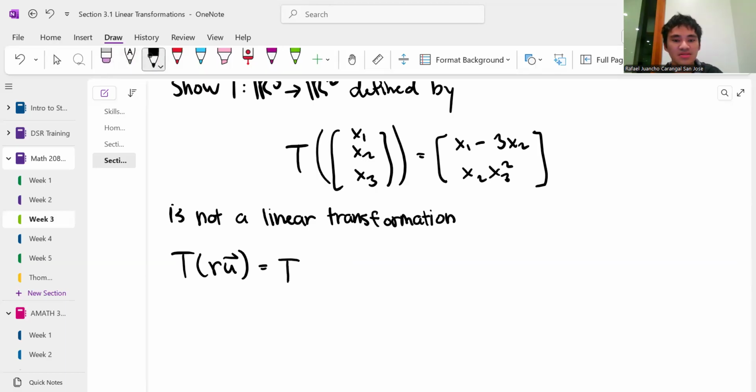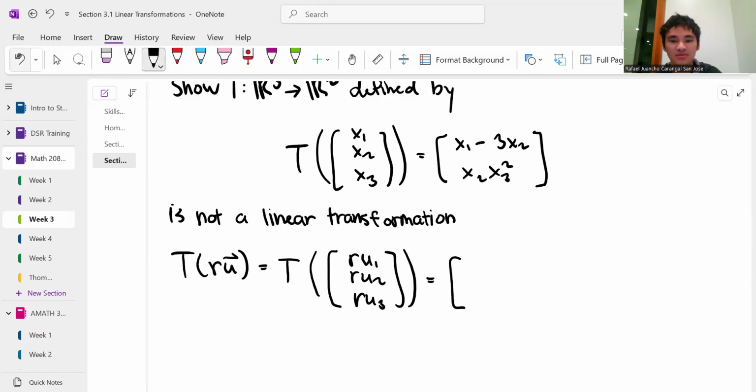So here we have this. T of r times u sub 1, u sub 2, u sub 3. And then we plug it in. So we do r u sub 1 minus 3r u sub 2, r u sub 2, r u sub 3, but we square that.